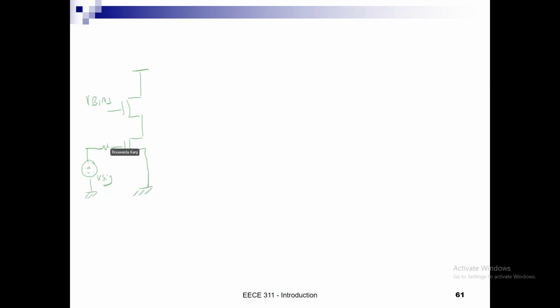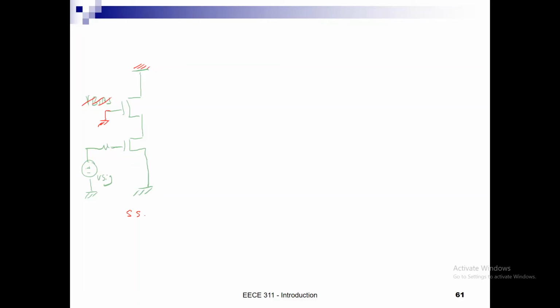So how would I find the time constant for this circuit? Okay, so the first thing is I want to plug in my capacitors. I will assume that I'm working in the small signal analysis, right? So for the small signal analysis, this becomes ground, and this becomes ground, okay?